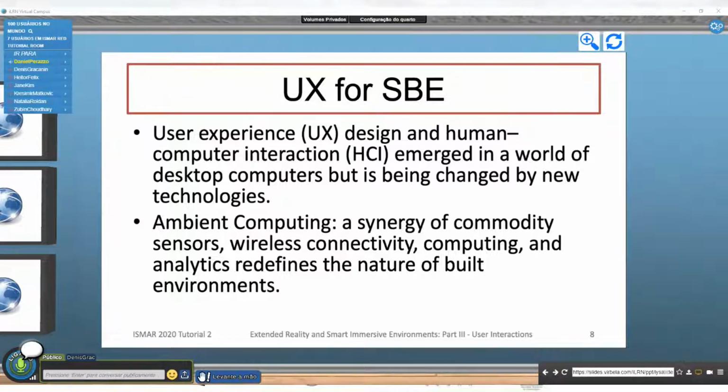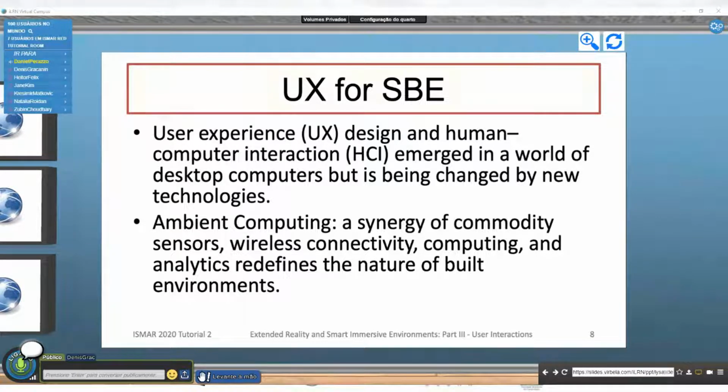So now we are talking more and more about user experience for mixed reality applications or in general for extended reality applications. At the same time, we also need to keep in mind ambient computing and ambient intelligence as its artificial intelligence part, where we are looking at this overall synergy of commodity sensors, connectivity, computing, and analytics that help us redefine the nature of the environment.